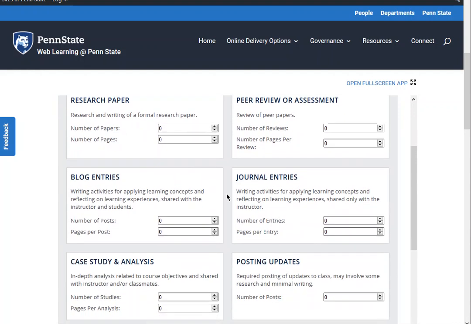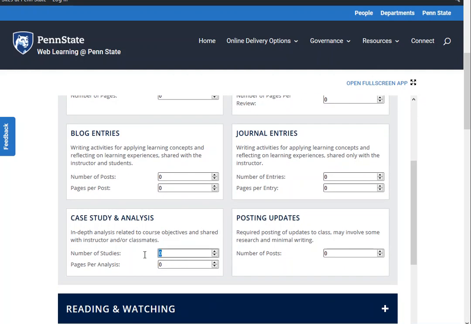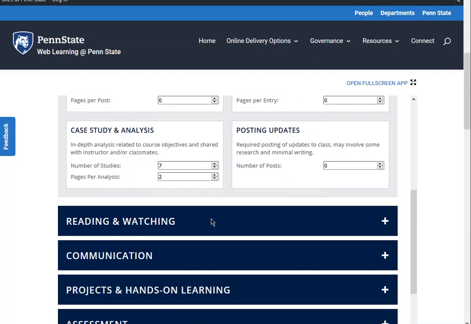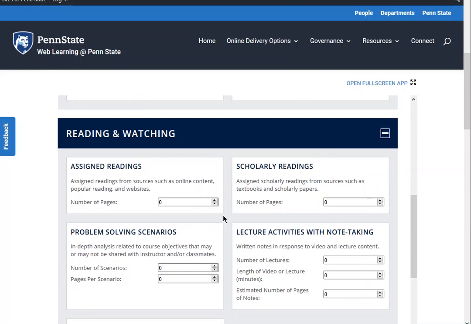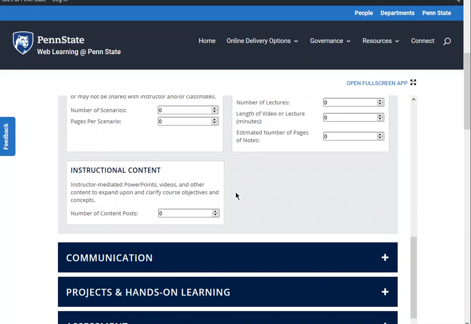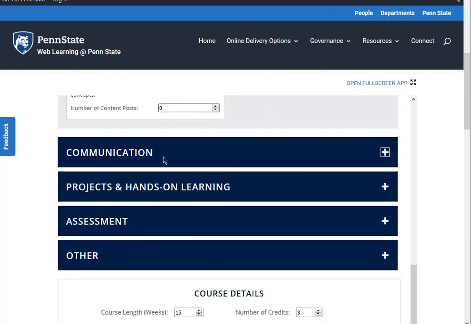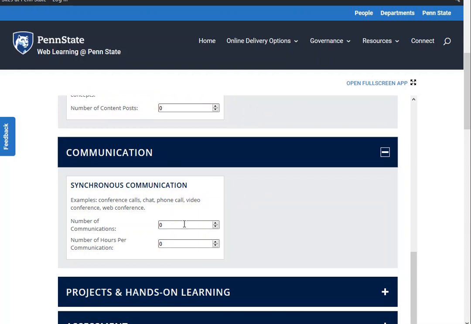I can even come down and say I've got 7 case studies, and it's 2 pages per week, right? And then what are they going to be reading? What are they going to be watching? Again, I can go through this, and this is helpful for you as the instructor as you are designing your course, and as you've got those assignments and activities built out, you can then go through and enter all this information. And again, they've got, are you doing synchronous communication, such as conference calls, chats?